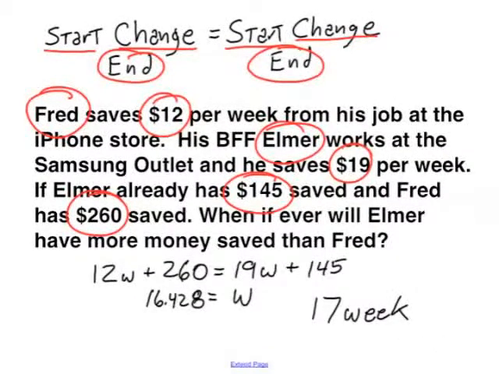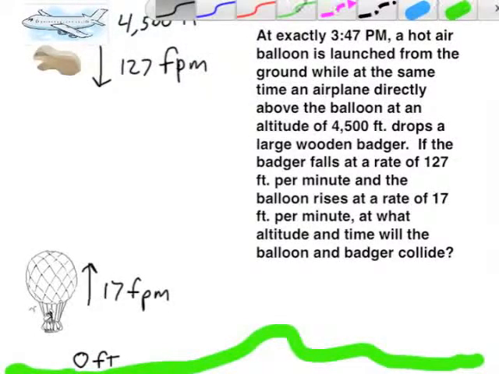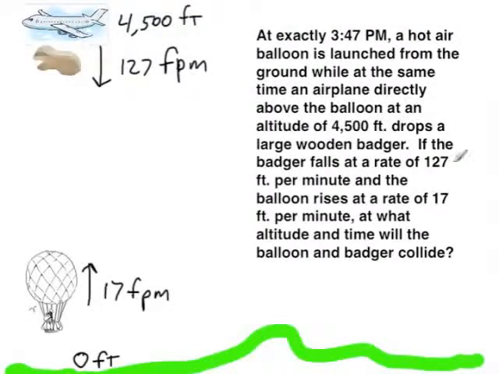All right, so now we're ready to go back to our original problem. So here was our context, and we need to read through the problem and figure out what's going on. So we have the balloon here that is on the ground, and that leads to a starting value of 0.